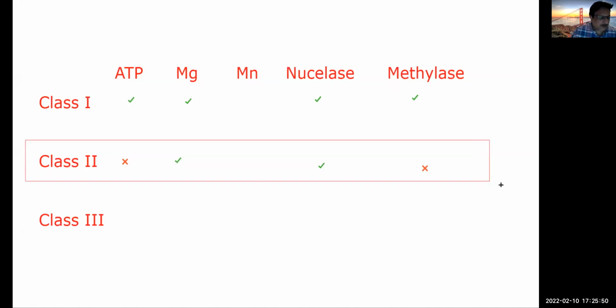So now let's look at the class 3 enzyme. Let's read systematically: they contain both methylase and nuclease activity in a 2 subunit enzyme.